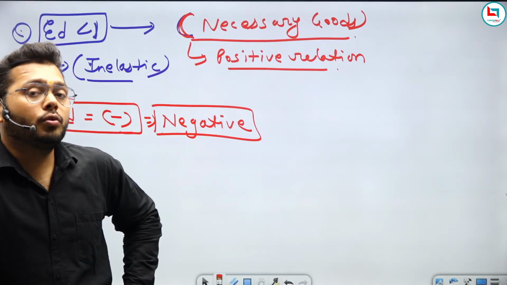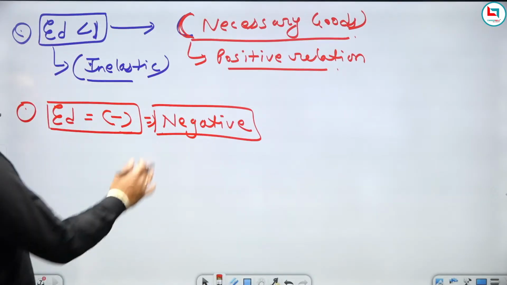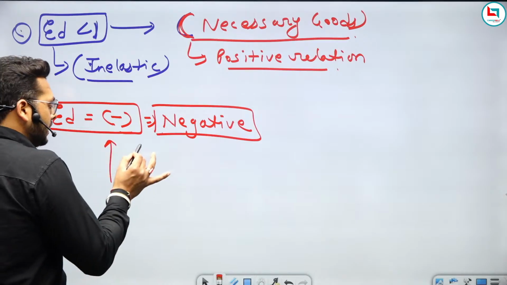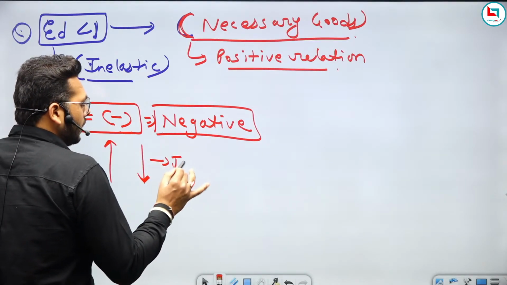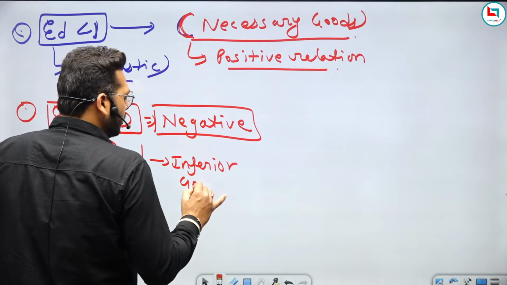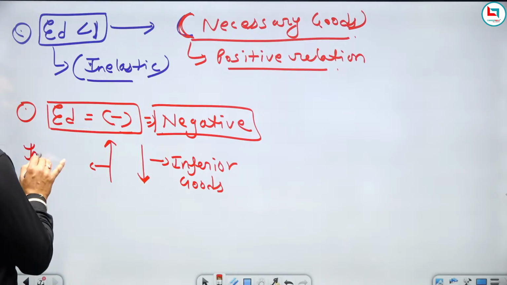So demand of low quality goods will decrease. So this is the negative relation. If the income is increasing, the demand of inferior goods will decrease after the increase in income.